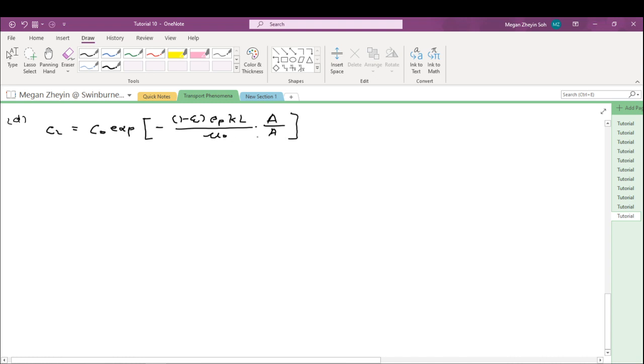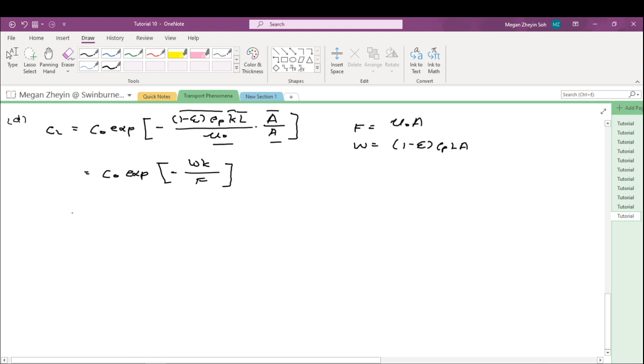So we let F be u0 A, and W, the mass of the catalyst, be 1 minus epsilon times rho p L A. This one is your W, and this one is your F. Therefore, we get C0 exponent of negative W multiplied by k, so Wk over F. Pretty simple.